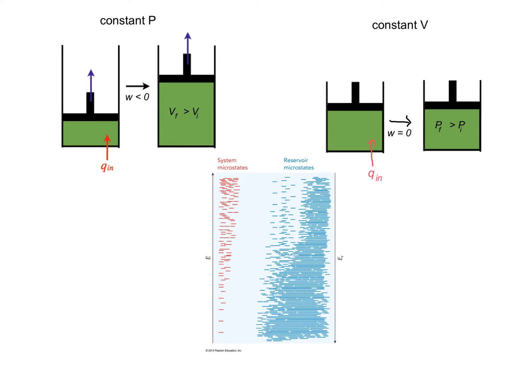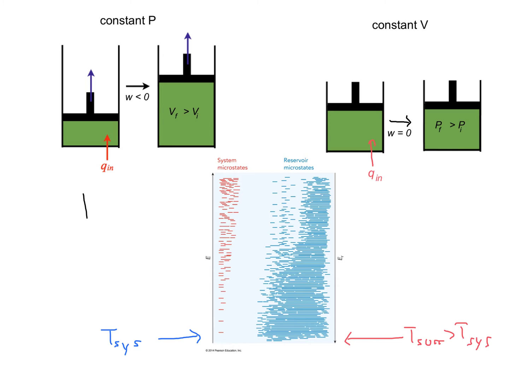If we start initially with the temperature of the system being at a relatively low temperature, and the temperature of the reservoir or the surroundings being at a relatively high temperature, then the surroundings will have far more microstates available to it than the system.